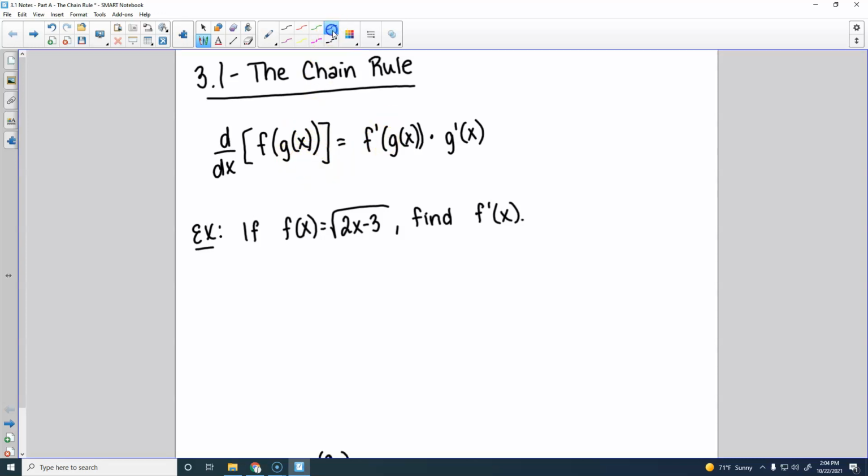Okay. All right, so chain rule is what we're going to use whenever we have a function inside of a function. Sometimes I use this analogy.